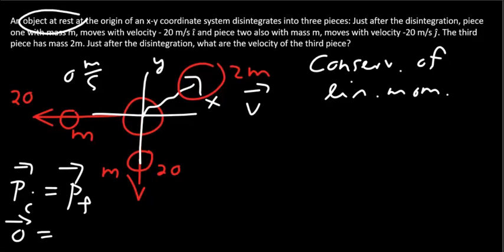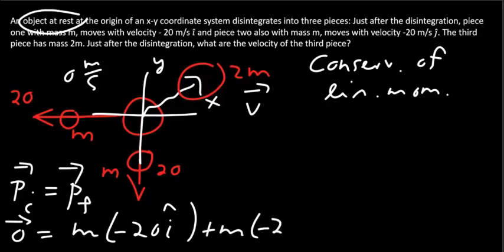The final momentum consists of three parts: part 1, part 2, and part 3. Part 1, with mass m and velocity minus 20 i hat. Part 2, also mass m, the velocity is minus 20 j hat. And part 3, the mass is 2m, velocity we don't know. We want to determine that.